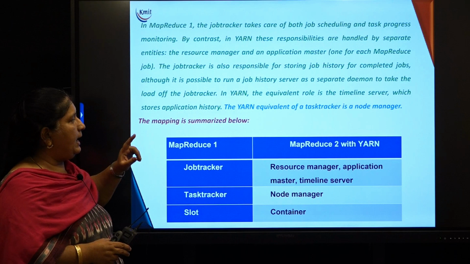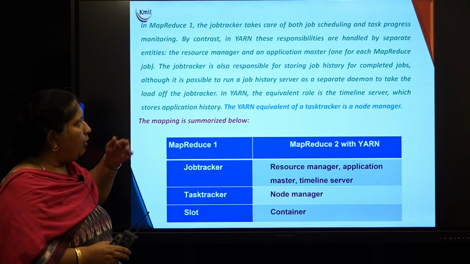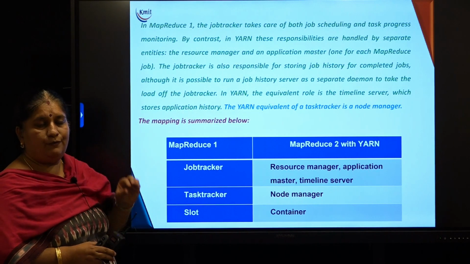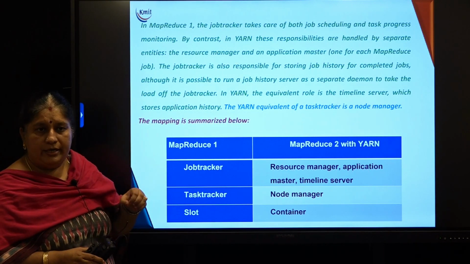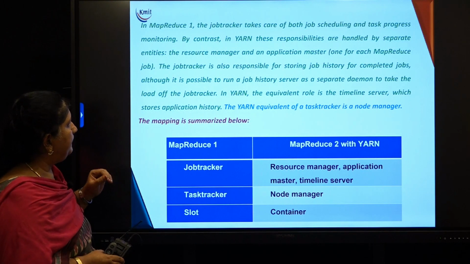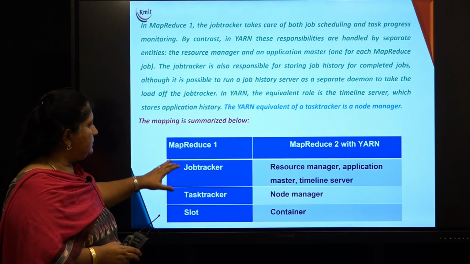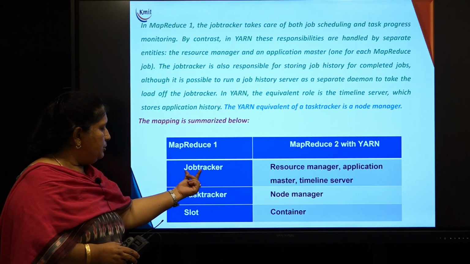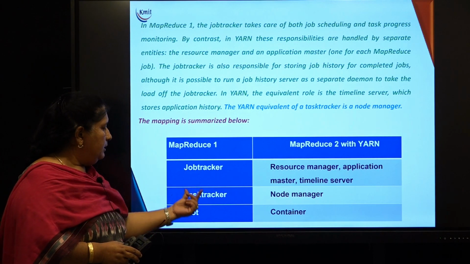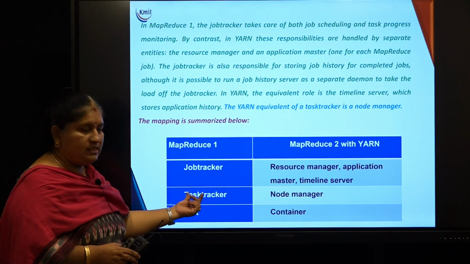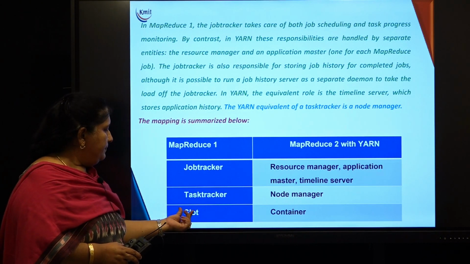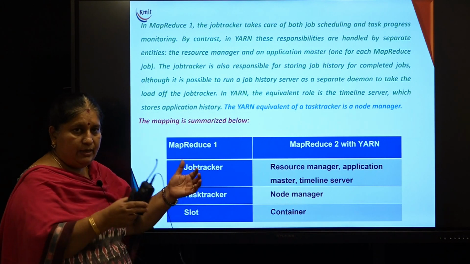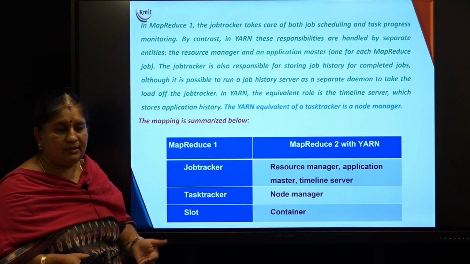On the other hand, from Hadoop 2 or MapReduce 2, Yarn takes care of all these things: allocation, monitoring, progress and so on. So, to summarize, in MapReduce 1, the job tracker takes care of the entire job, the task tracker executes only a specific task, and there is something called a slot, the memory space where the user application is running.